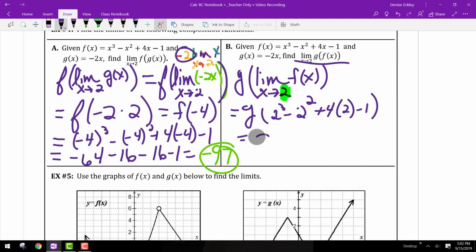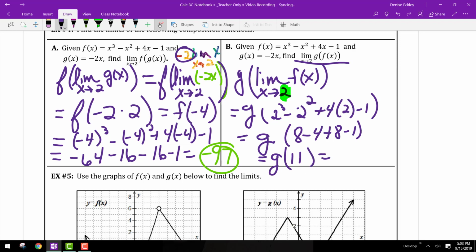So I'm finding g of 8 minus 4 plus 8 minus 1. So I'm looking for g of 11. When you add this all together, you get 11. And g of 11, this is going to be substituting 11 in for g. And we get a value of negative 22.